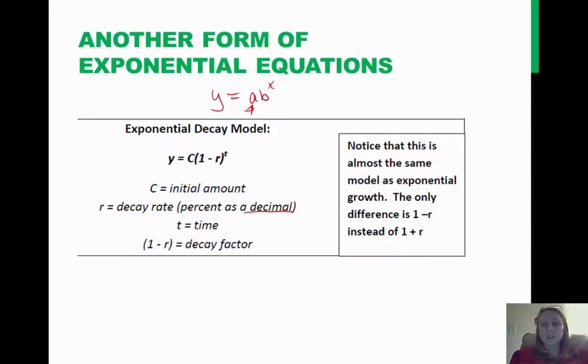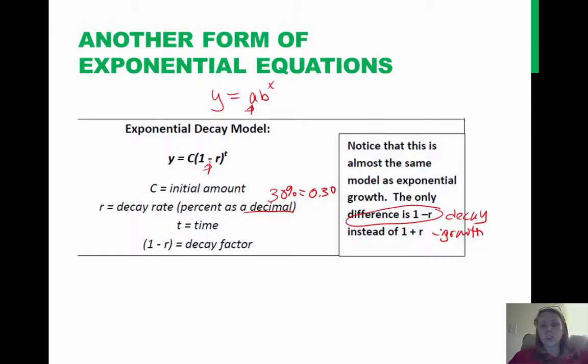They'll give it to you in percent, say like 30%, but you're going to want to express that in decimal form, which is 0.30. t is time, and if it's a decay, you're going to subtract: 1 minus r. If it's growth, you're going to add it to 1. So you really need to read your problem to know which one you're going to use.